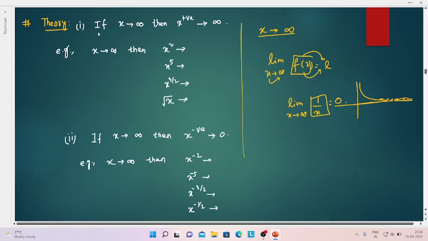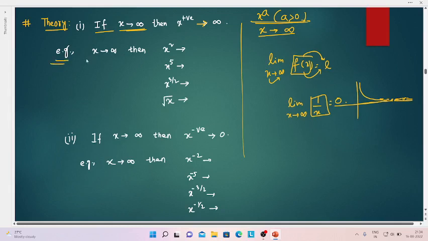What this first theorem says is, if x tends to infinity, meaning x becomes very large, then x to the power of a positive number also tends to infinity. If I write x to the power a, where a is greater than 0, that is x to the power of a positive quantity, and it tends to infinity.